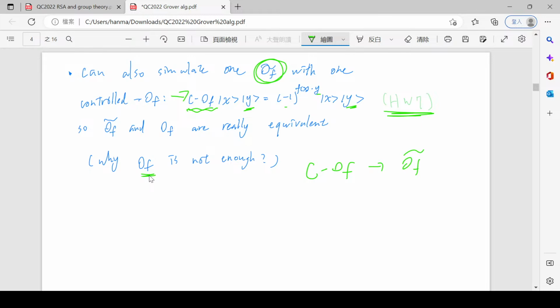So remember, global phase is not something you can see, right?